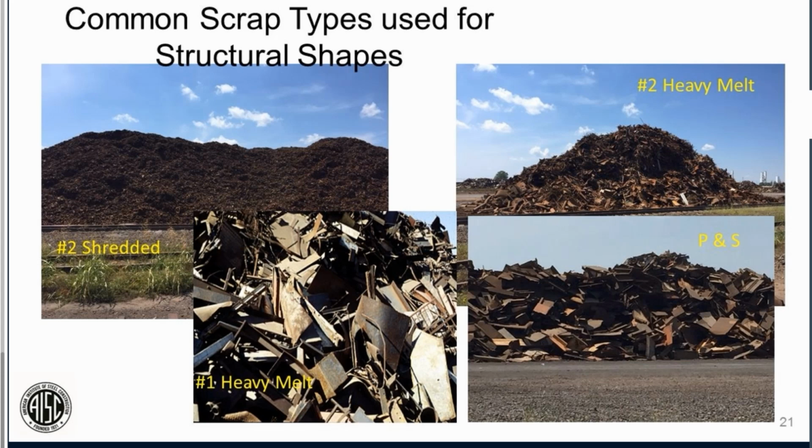It's big, it's heavy, it's dense, but typically has a little bit higher residual level than the number 1 heavy melt. And then the number 2 heavy melt is basically everything else. It's your bicycles, washers, dryers, everything else that goes in the scrap supply chain. And it typically has a little bit higher residual level than the other ones. And typically, the lower the residual, the more expensive the steel is.